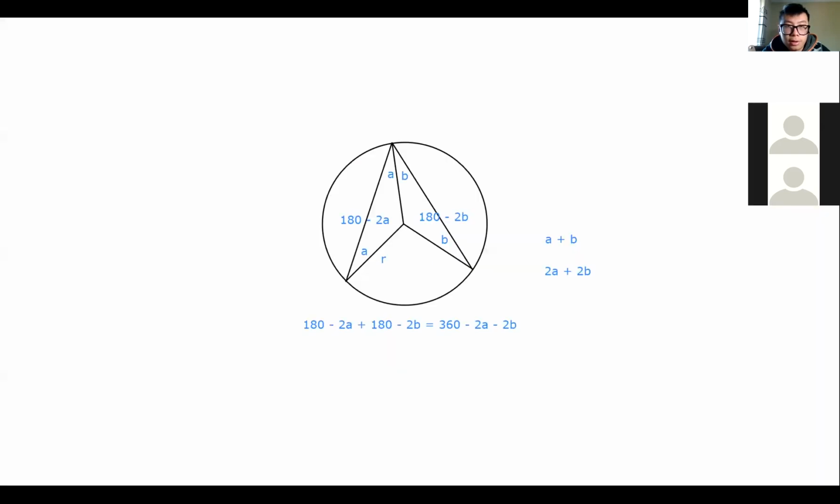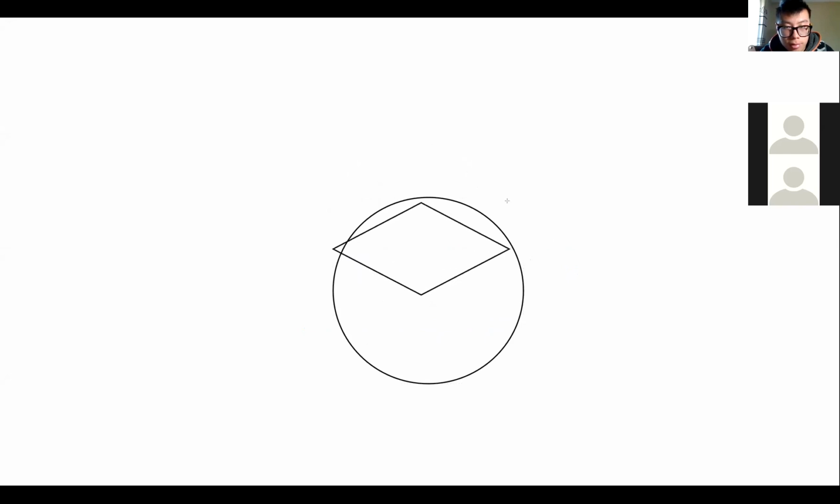Let's clear all drawings. Oh boy. Oh yeah, the shapes. Okay. Let's draw a circle. Let's have a rhombus or something. All right. Actually, this doesn't work.